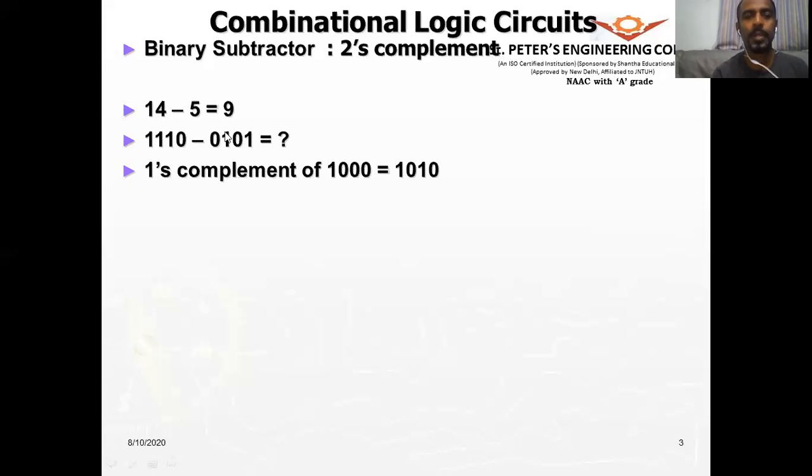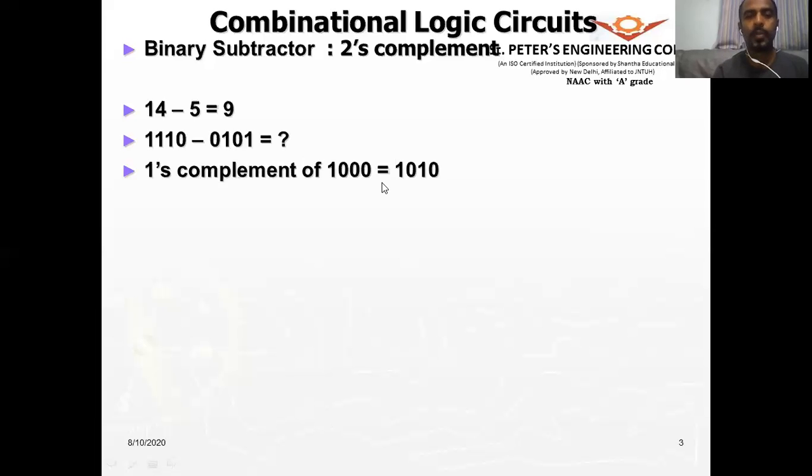If you observe, 0 is replaced with 1 and 1 is replaced with 0. Not this number; I've taken this for 8, and it should have been 5. But the 1's complement is correct. So this is the 1's complement of this subtrahend, that is 5. Let us not bother about the minus now. It's only 5 we have taken, and we have taken the 1's complement of that.